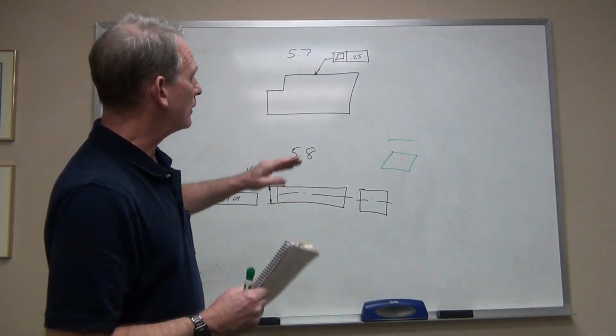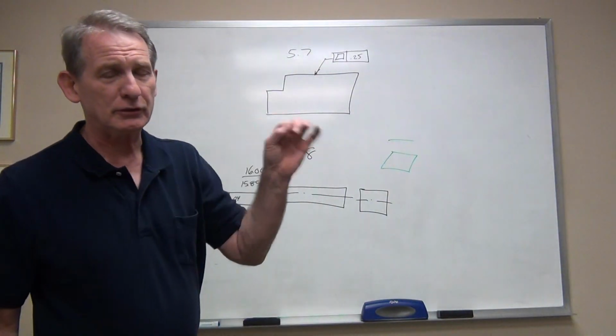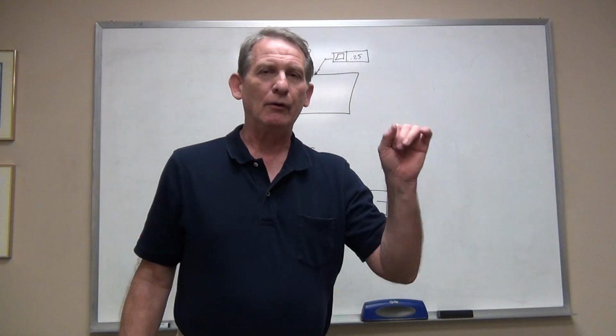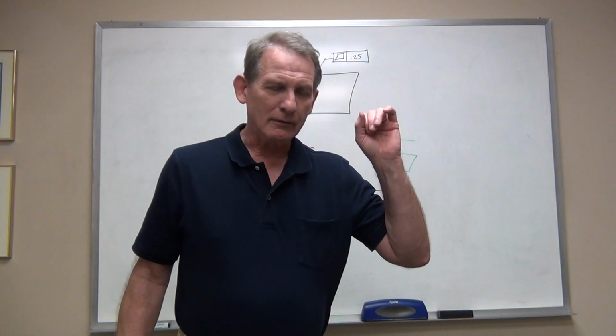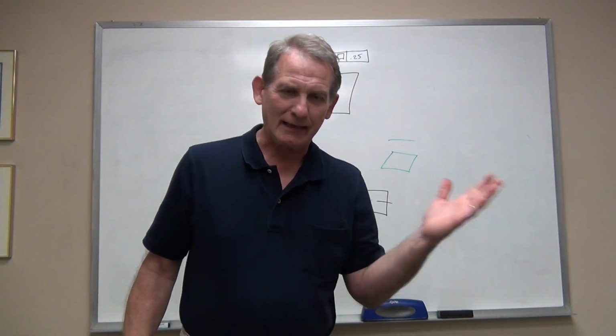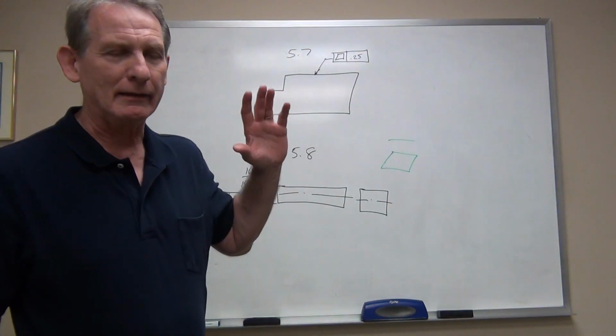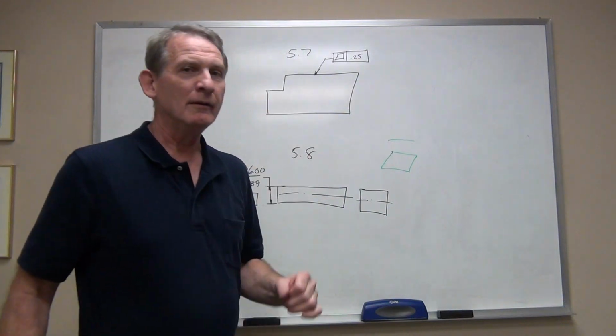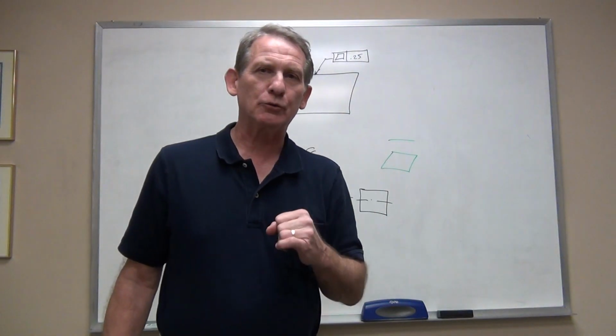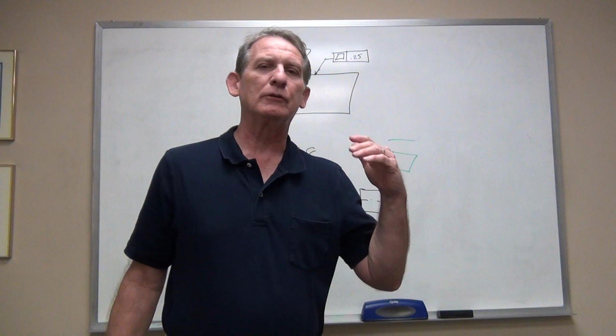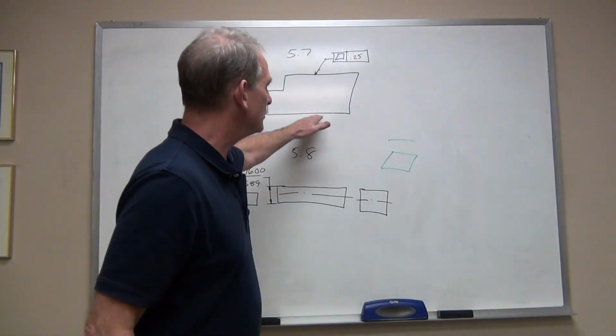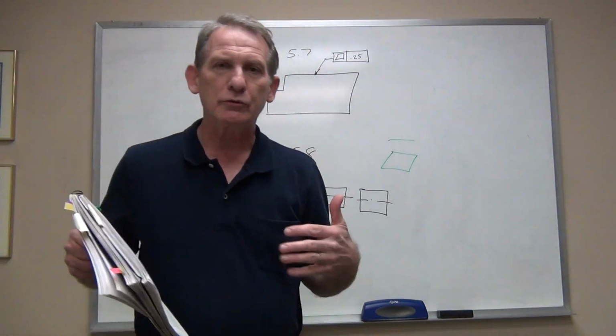Okay, so we're controlling the flatness of just this surface. Now if this is a six-sided block basically, we are only controlling that one surface. If we need controls on another surface on the opposite side, we would do those separately.